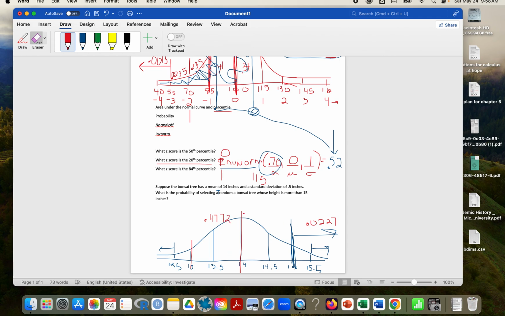So you get that probability when you're trying to find a randomly selected bonsai tree that's between those heights. I do need to point out that when you're dealing with continuous variables, you deal with probability over intervals.